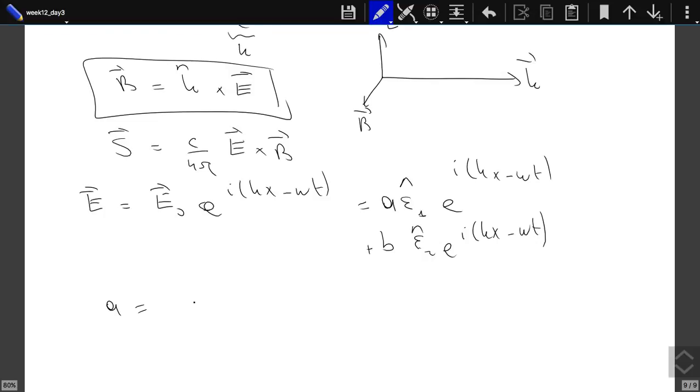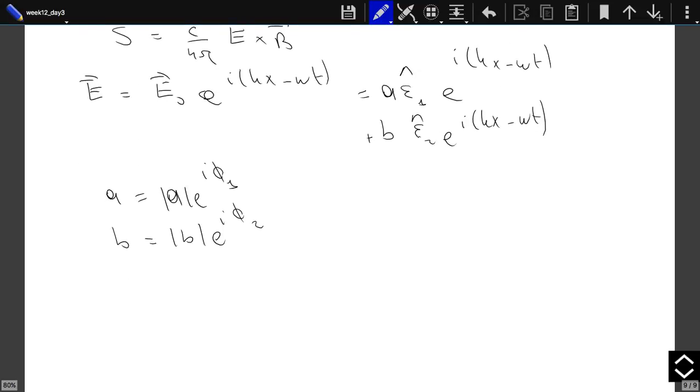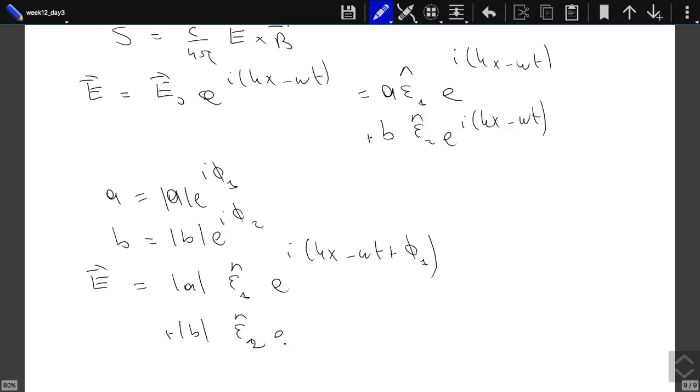Let's say A is a magnitude times e to the power i phi 1, and B, being a complex number in general, will be B times e to the power i phi 2. Okay? So our electric field is A in the epsilon 1 direction e to the power i(kx minus omega t plus phi 1), plus B epsilon 2 e to the power i(kx minus omega t plus phi 2).